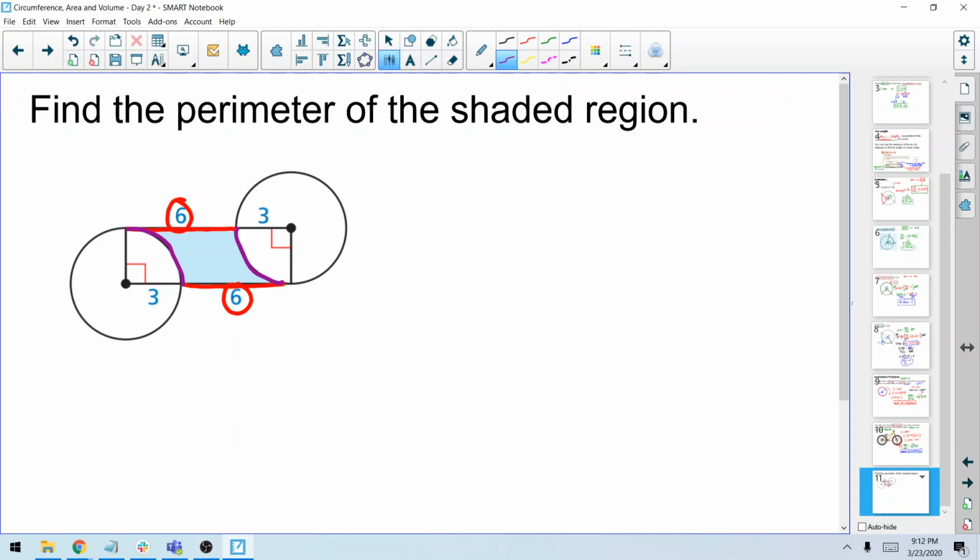So arc length formula, if I want this purple region right here, arc length is the measure of the angle. Well, the angle is 90 degrees, out of the entire circle, which is 360, times the circumference. Well, circumference is 2 pi r, or pi d. I'm looking at my picture, they gave me a 3, and the 3 is the radius, so I'm going to do 2 pi r.